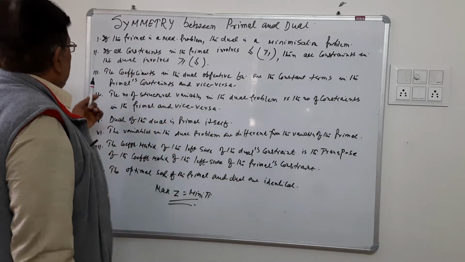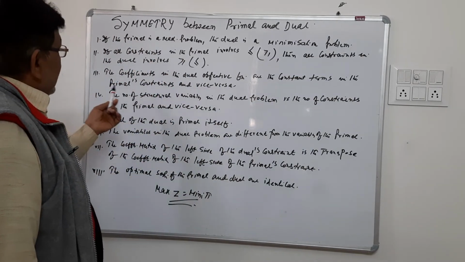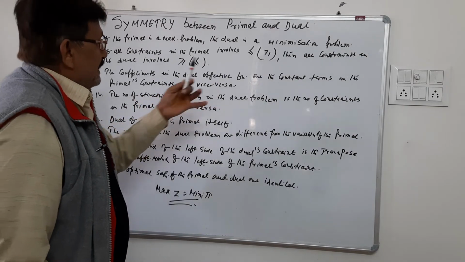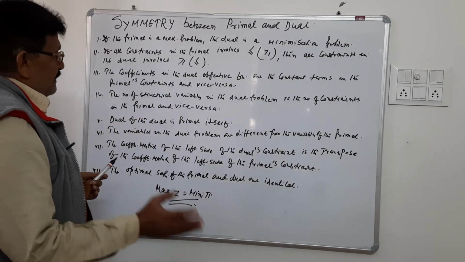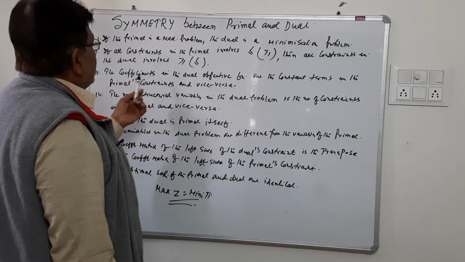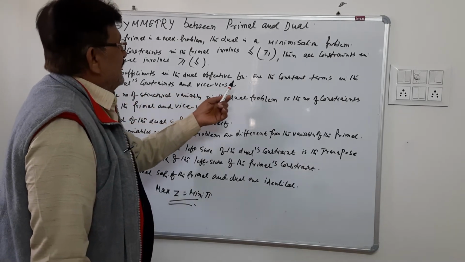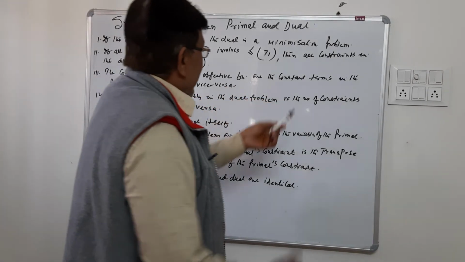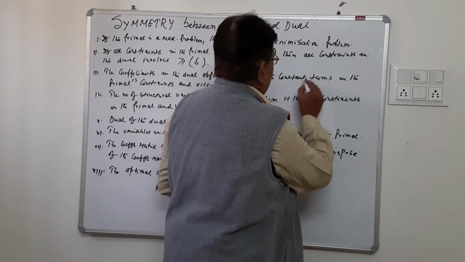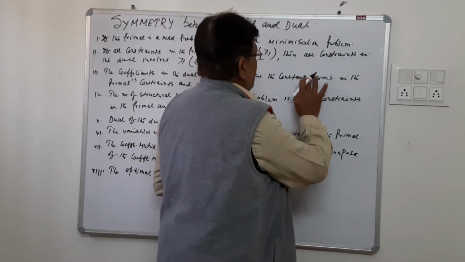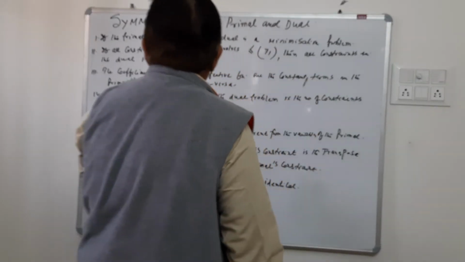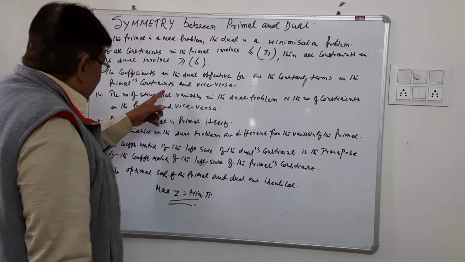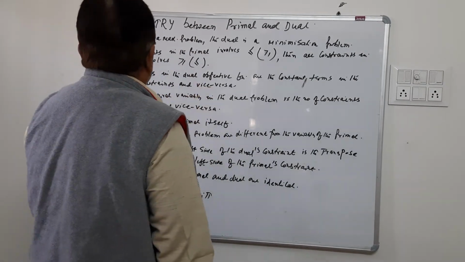Number 3, as we have seen in the last example, the coefficients in the dual objective function are the constant terms in the primal constraints and vice versa.